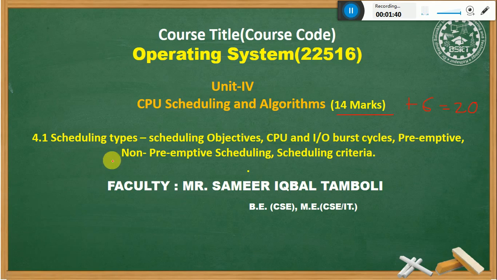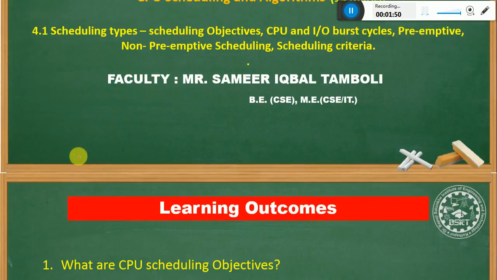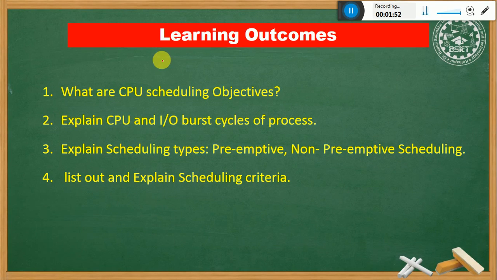In this video lecture we are going to discuss 4.1, in which we study the different types of scheduling. After watching this video, the student can easily understand what CPU scheduling is and the objective of CPU scheduling.